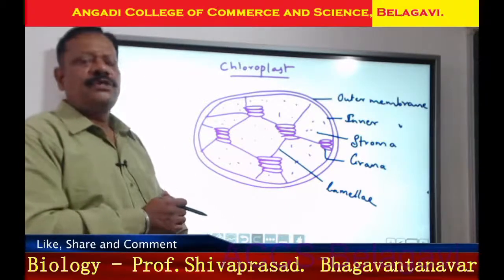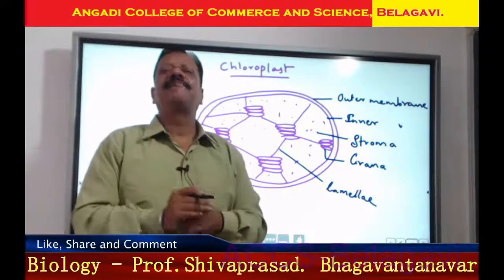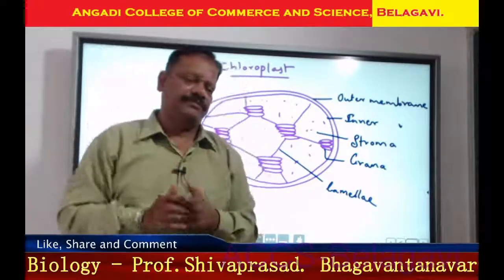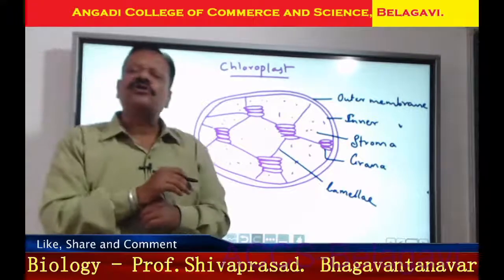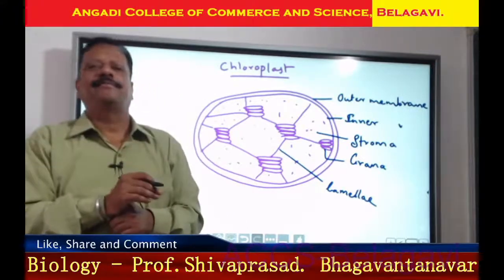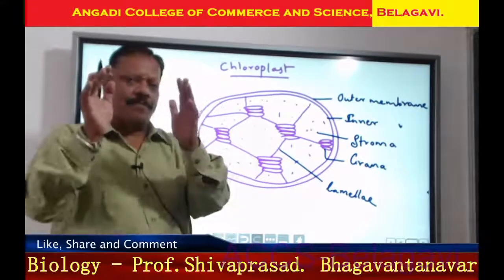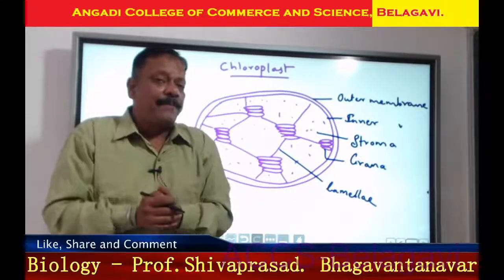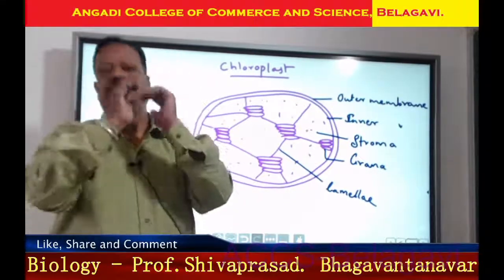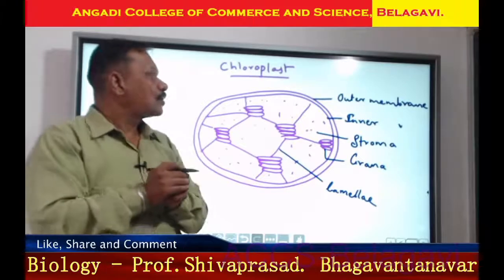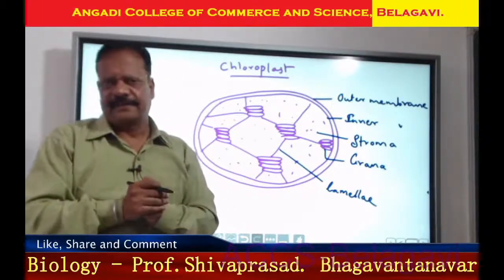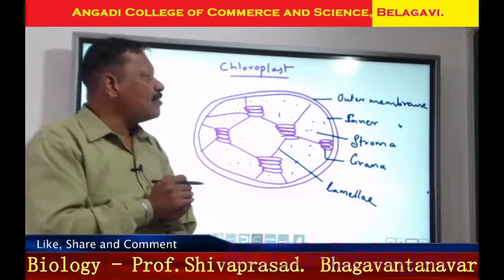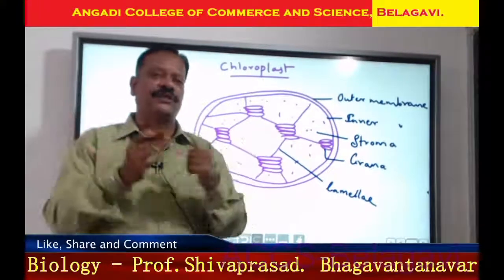Usually the chloroplast is a photosynthetic apparatus. In plants, photosynthesis usually takes place by means of the chloroplast. It contains a pigment called chlorophyll. Chlorophyll is a green pigment which helps in photosynthesis. And now the question arises, what is photosynthesis?